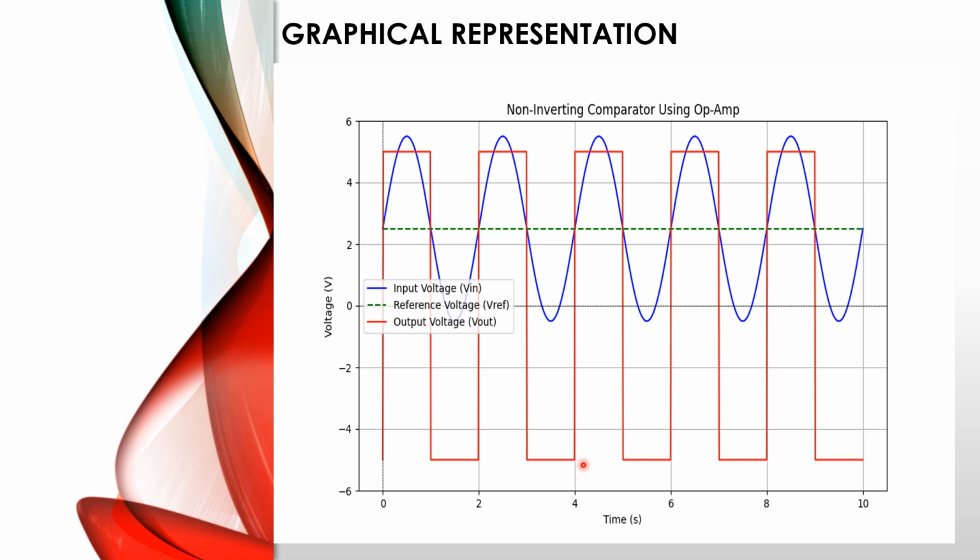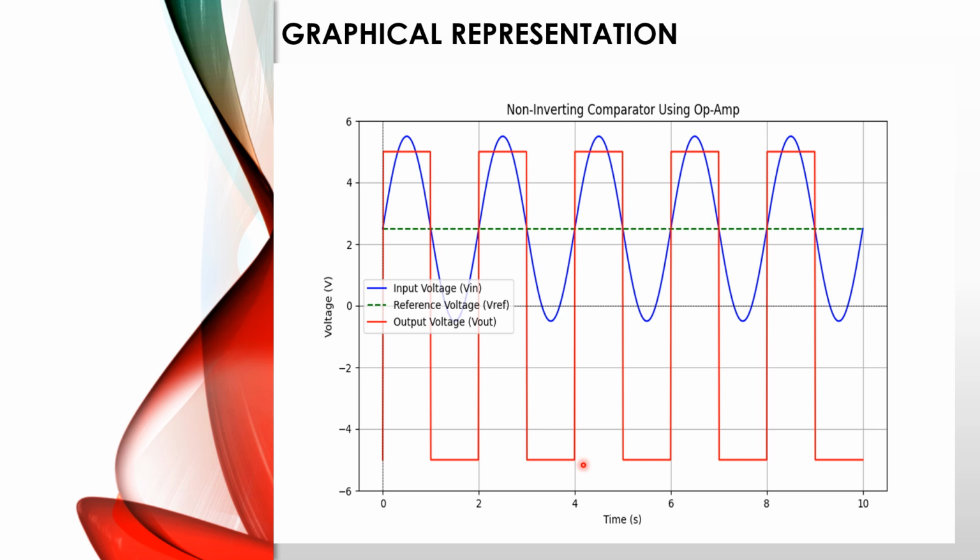We applied a sinusoidal voltage at the input, that means at the non-inverting terminal, and a DC reference voltage at the inverting terminal, but from the output we get a square wave output. So by using a comparator we get a square wave output.